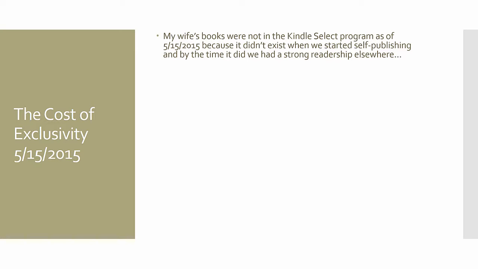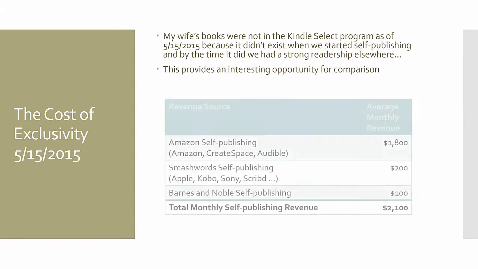As of 5/15/2015, my wife's books were not in Kindle Select. This has a long history because Kindle Select didn't exist when we started publishing, and then later we got good readership off Amazon. So anyway, this provides an interesting opportunity for comparison.